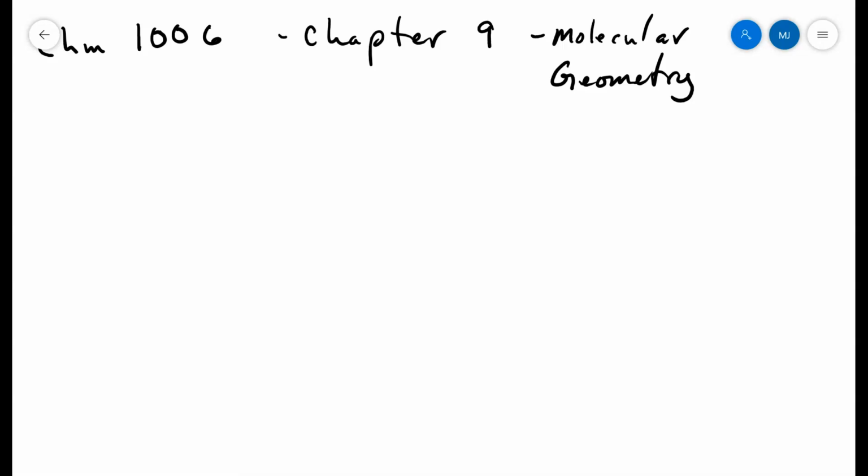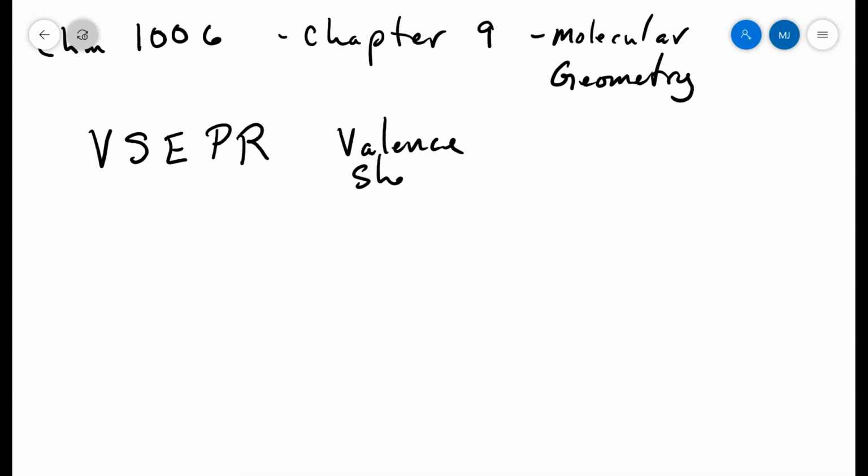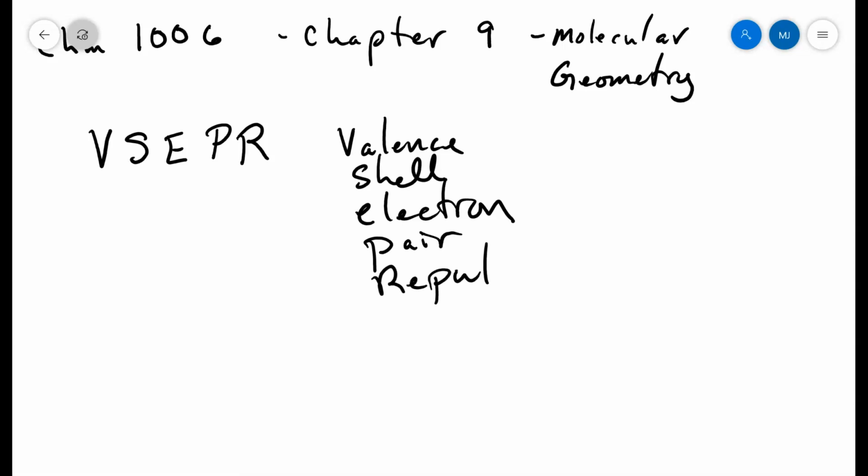Now, the model we're going to be using is called the VSEPR model. While it's pronounced Vesper, it's spelled V-S-E-P-R, and that stands for valence shell electron pair repulsion theory.